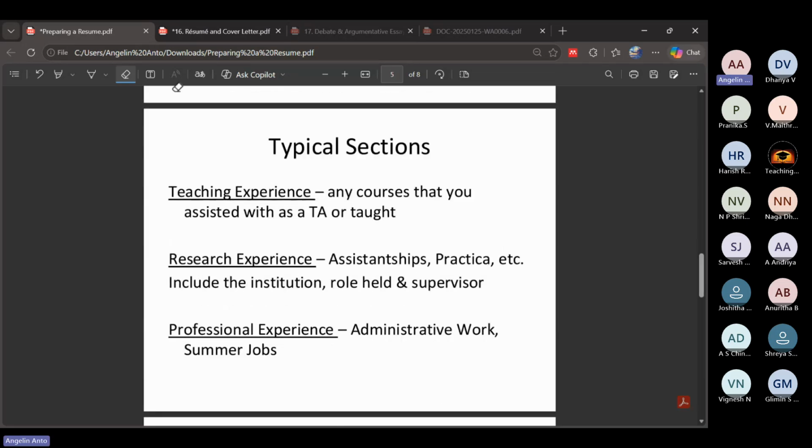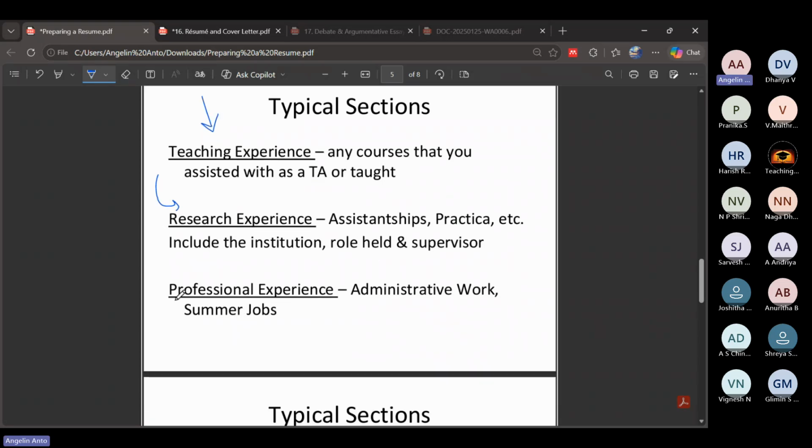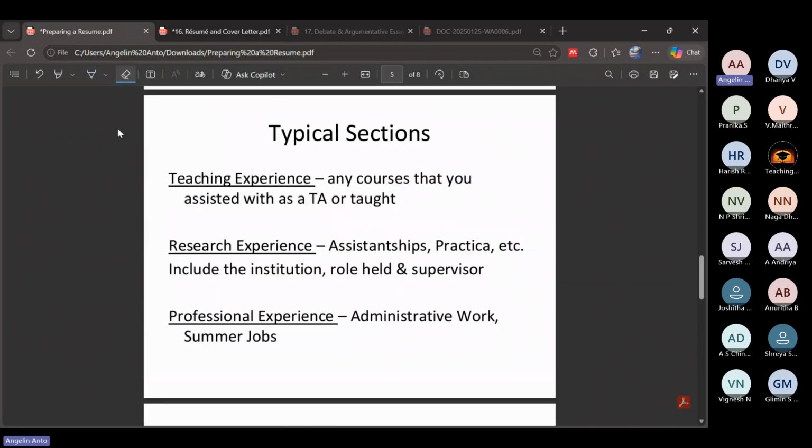Teaching experience, yeah. This is important if they call you for a tutoring job or a professor job, something like that. You need to ideally mention or make up something called teaching experience. If you're asking for a research grant, then research experience. And if you're asking for something to train someone in the summer, you should talk about professional experience. So just pick up what they want in the question.